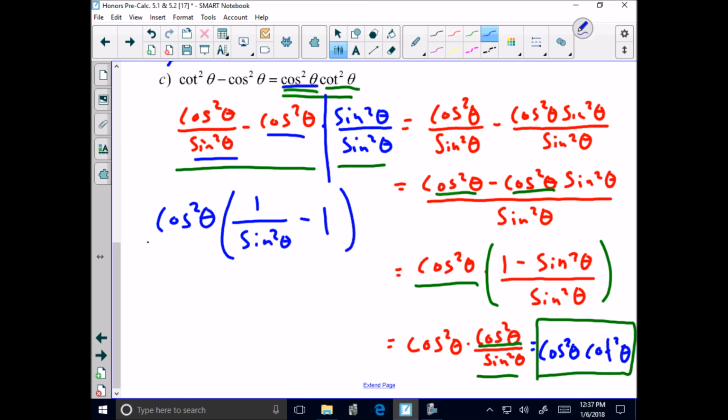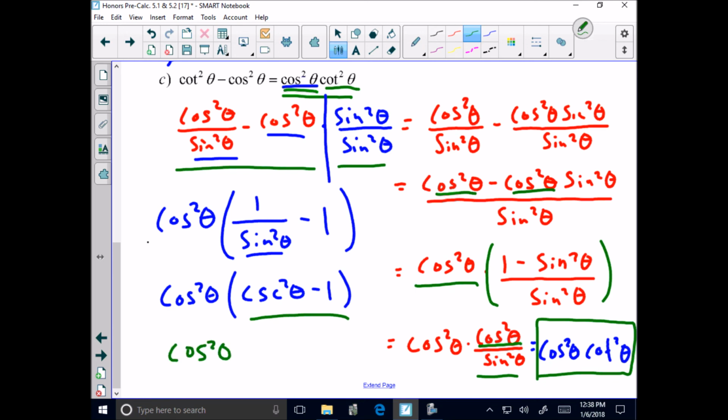And then right here 1 over sine squared is going to be cosecant squared theta minus 1. And of course this equals cotan squared when we do a little bit of manipulation with that last Pythagorean identity. So we'd have cosine squared theta and then times right here cotan squared theta. So just a different way of looking at it.